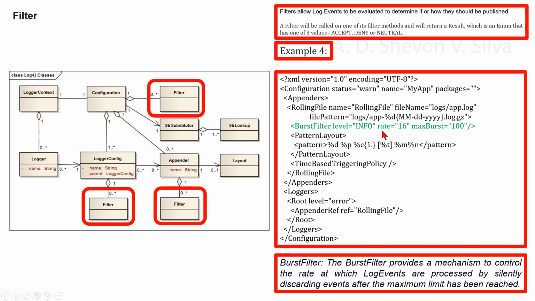And rate, this is a float value, the average number of events per second to allow. The max burst, an integer, is the maximum number of events that can occur before events are filtered for exceeding the average rate. The default is 10 times the rate.